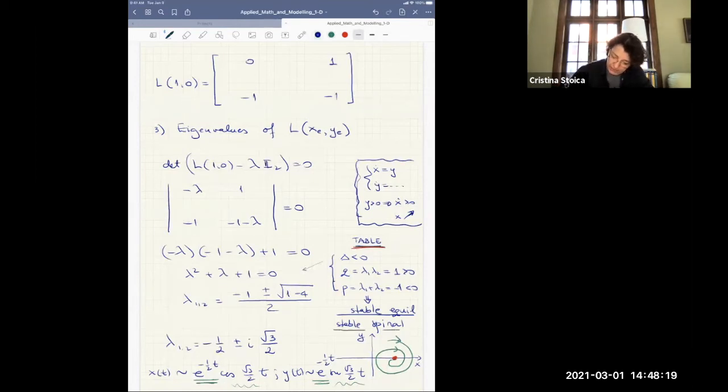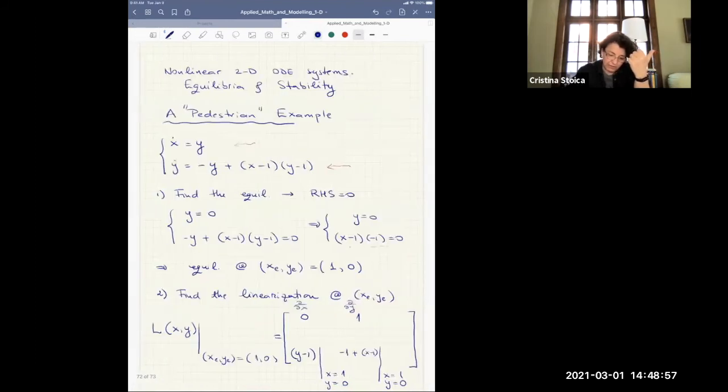So this is a standard exercise. Let's make room nicely here, to decide on stability. There are 4 points to be covered. The first one is find the equilibria.